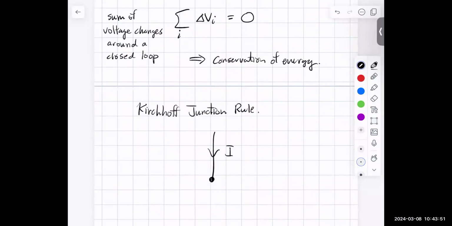So somewhere where the wire breaks into, it's like a fork in the road, right? Where you can choose to take different paths. And so maybe here's a junction where there are 3 different paths that the current could follow. And so there's going to be a path 1, a path 2, and a path 3.